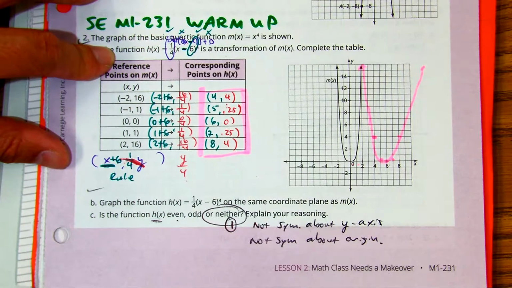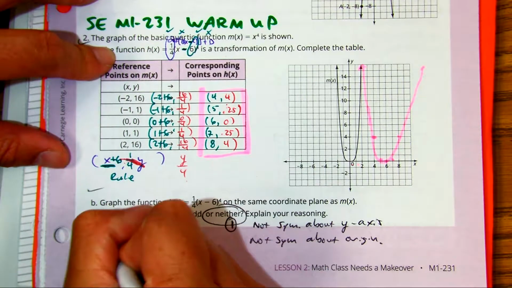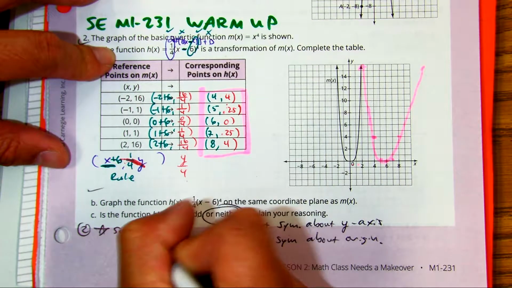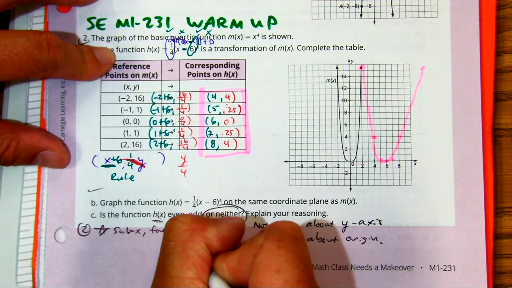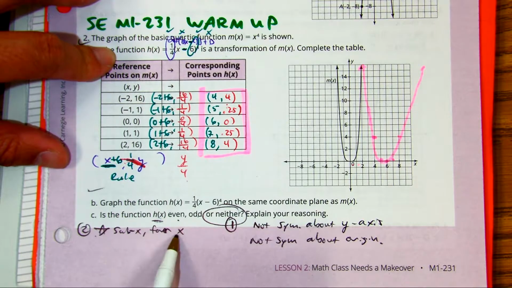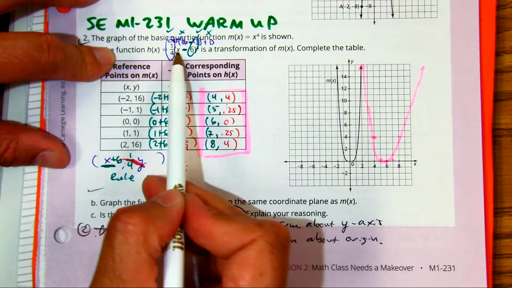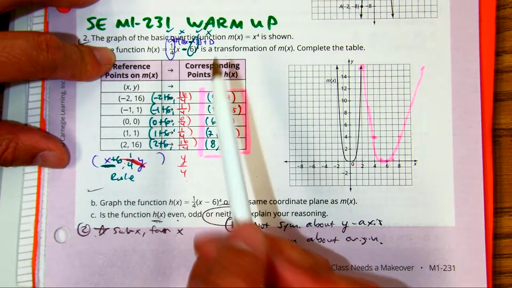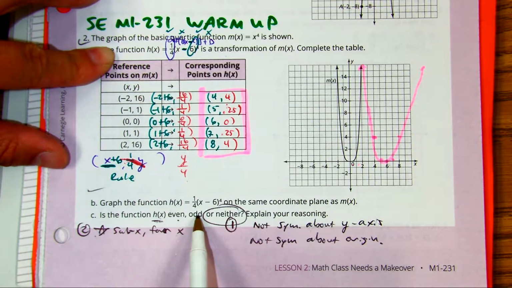The second way is if you just do the star, sub in negative x for every x value. If you put it in here, you'll realize once you do all the math, it's not equal to the original, and it's not the opposite of the original, so it will be neither.